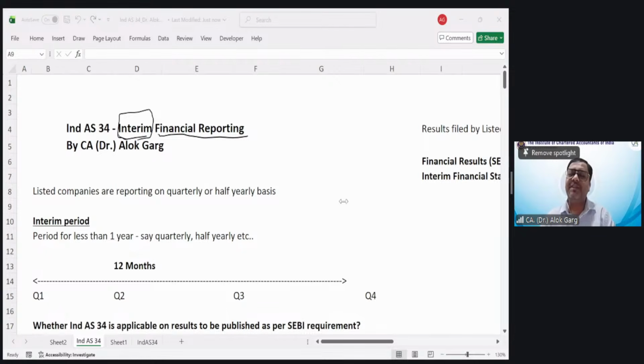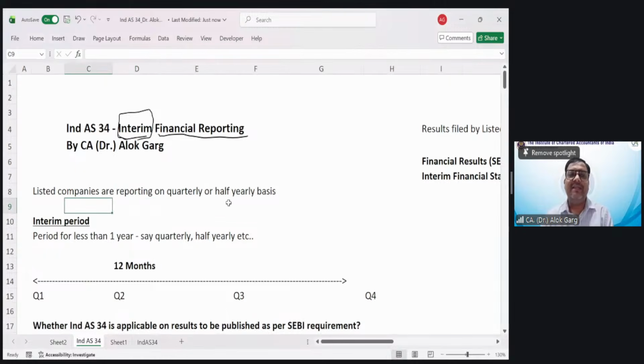Which companies in India are required to publish their financial results on a quarterly basis or half yearly basis or 9-month basis?